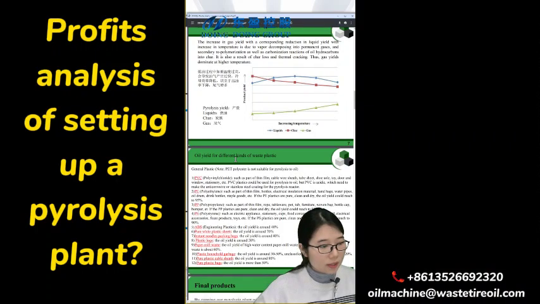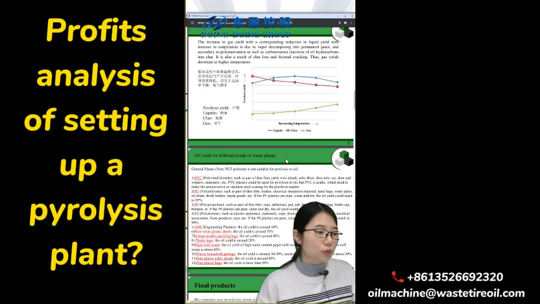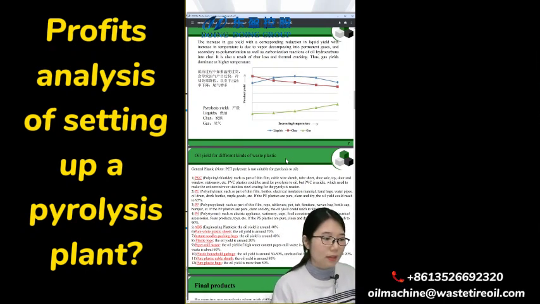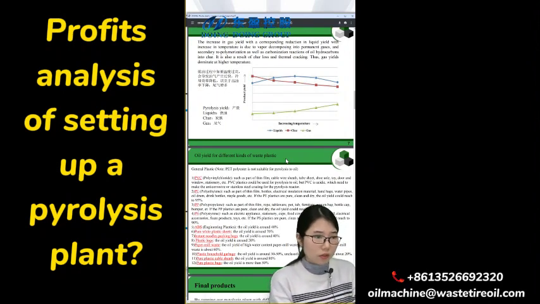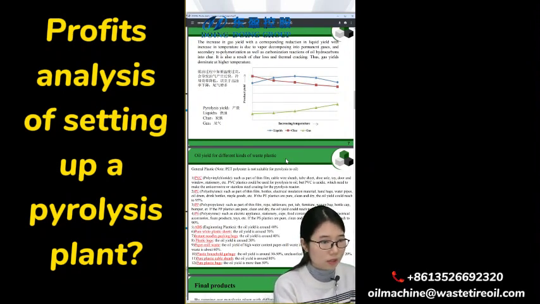As I said, the oil yield is different for different kinds of raw materials. For tires, the oil yield will be in a certain range, like 40% or 35%. But for plastic, because there are many kinds of plastic, different plastics give different oil yields.